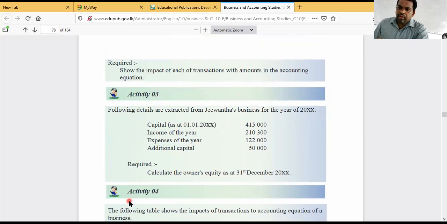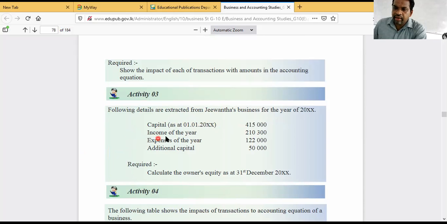Then there can be 4 items which are affecting to change equity or capital. Introduction of additional capital and income can have a positive effect. Expenses and drawings can have a negative effect on the equity or capital. Therefore, you first take capital as at 1st January, 450,000.